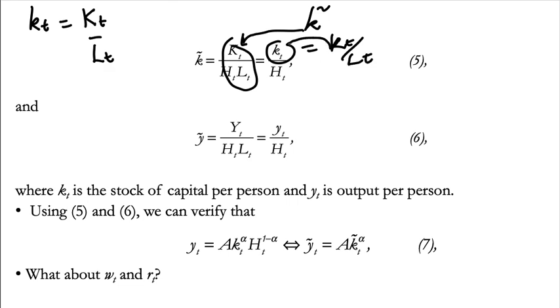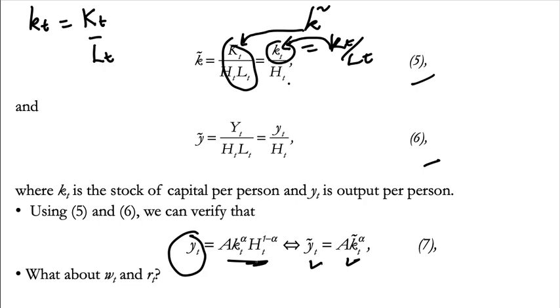That's why we just replace it by this and then divide by H_t. So similarly for 6. This is what I said just now. So using 5 and 6, we can verify that output per worker, if we write it in the form of output per effective worker or per effective labor, we can write it this way from here.